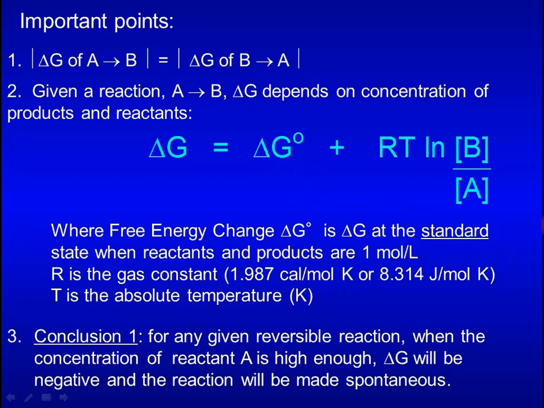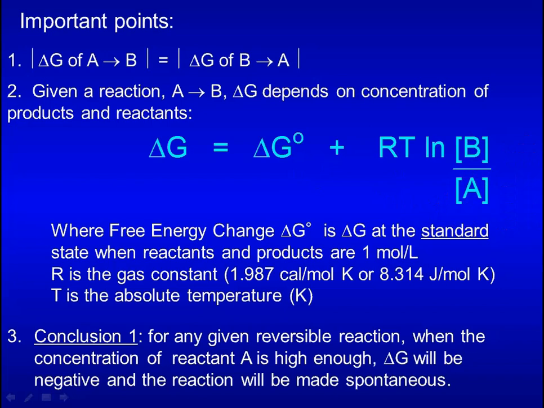At constant temperature, T is also a constant. Therefore, delta G depends on concentration of reactant and products.